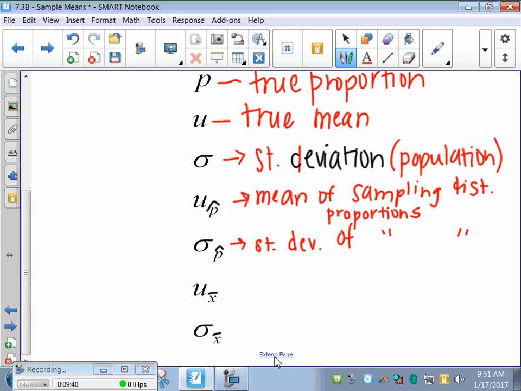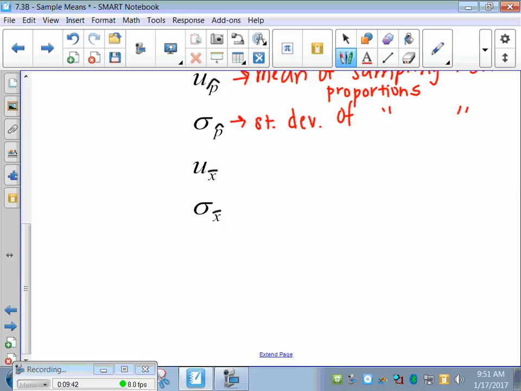Okay, and now we've got mu x bar. This is all the little x bars that you would use to create your dot plot, and you would find that true mean, the mean of the sampling distribution. But this time we're talking about x bar, or just a mean, not a proportion.